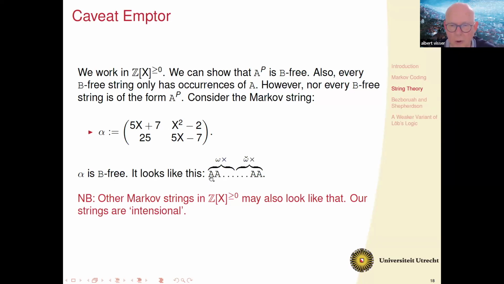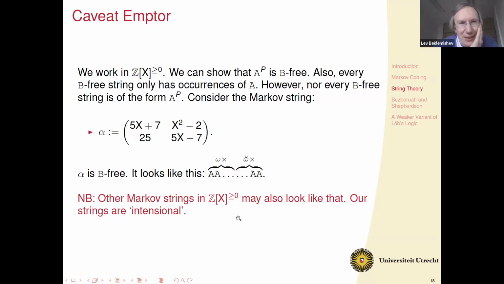It's an omega string going up of a's and a downgoing string of a's. And you see that interestingly, this is an A string, but it's not of the form a to the p. So that's the thing.